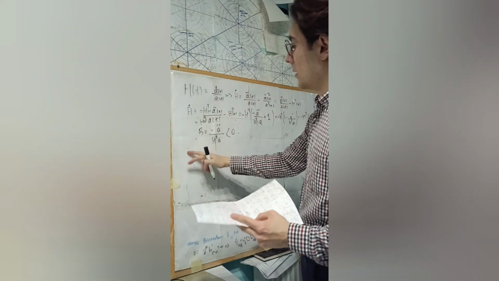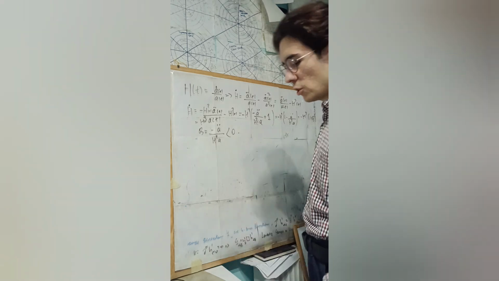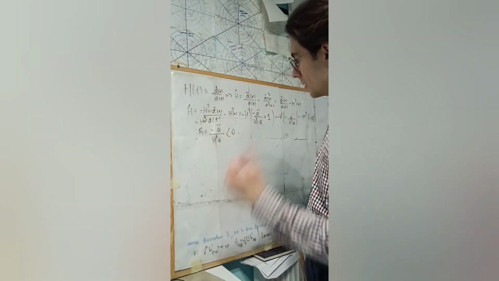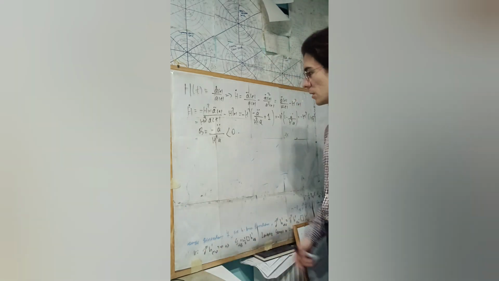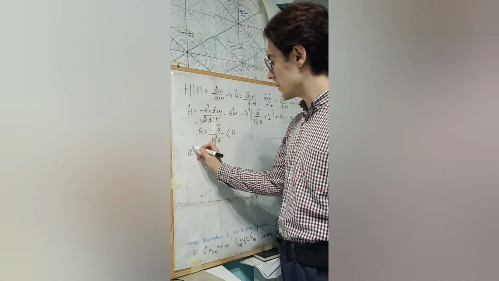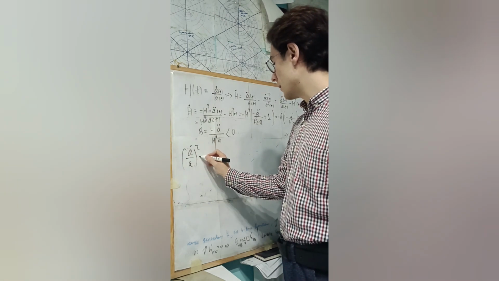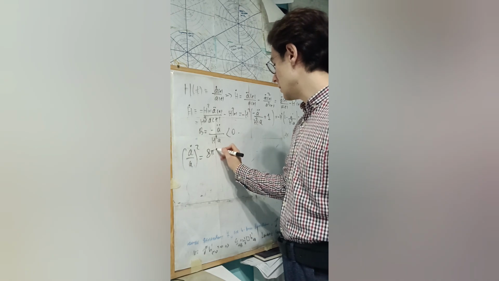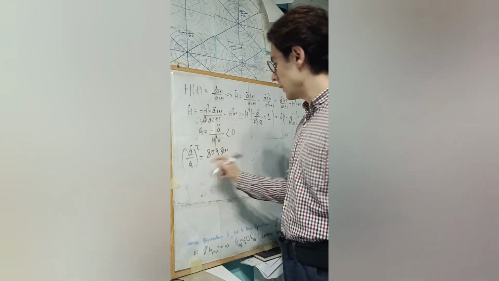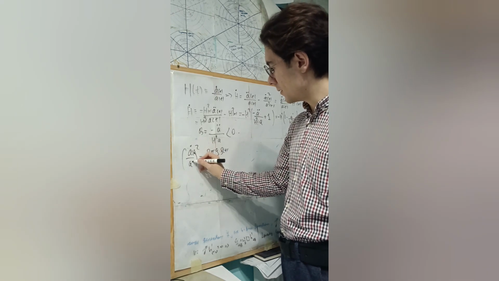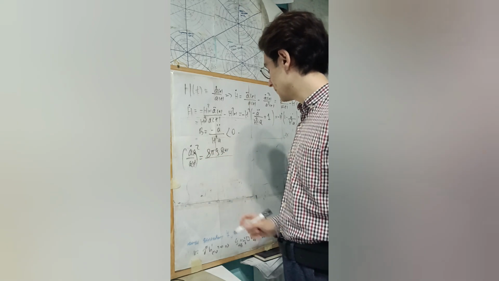So if we turn back to our definition of the Friedmann equations from the previous videos, the first order Friedmann equation was a dot over a squared equals 8 pi g rho of t. Those are time dependent, right?